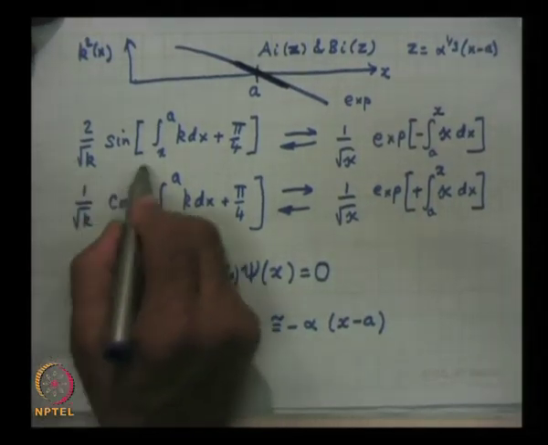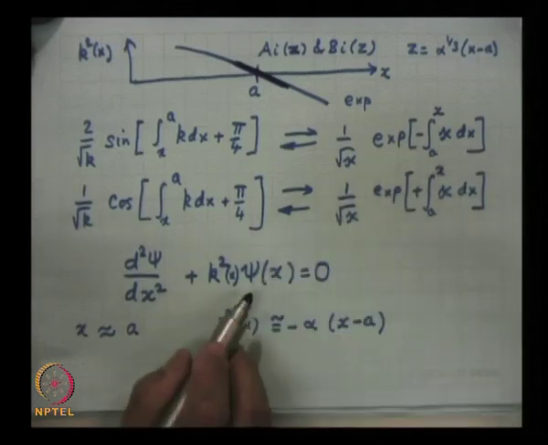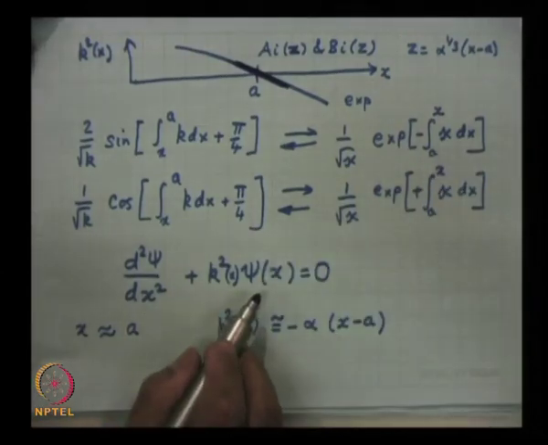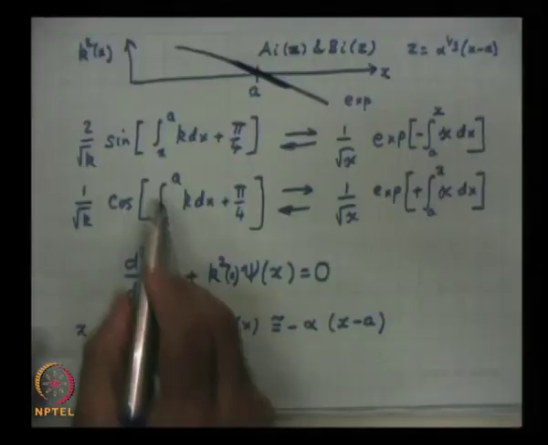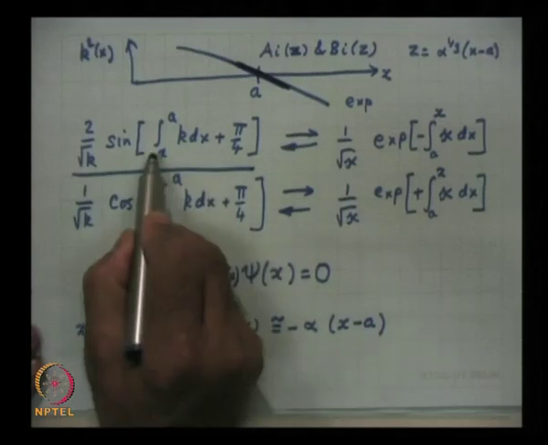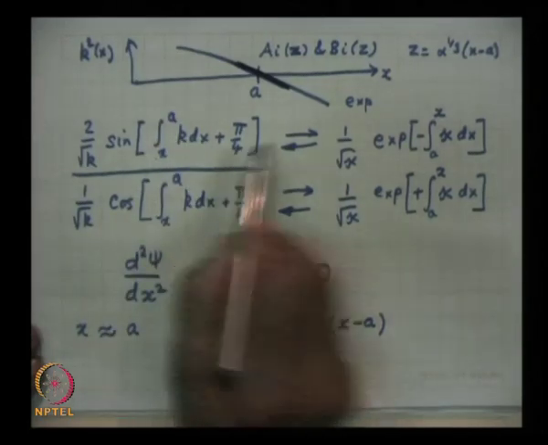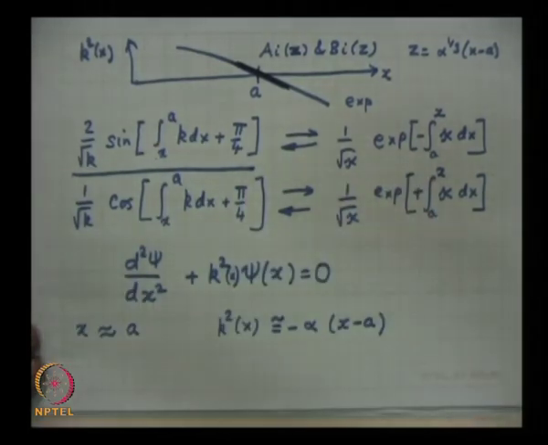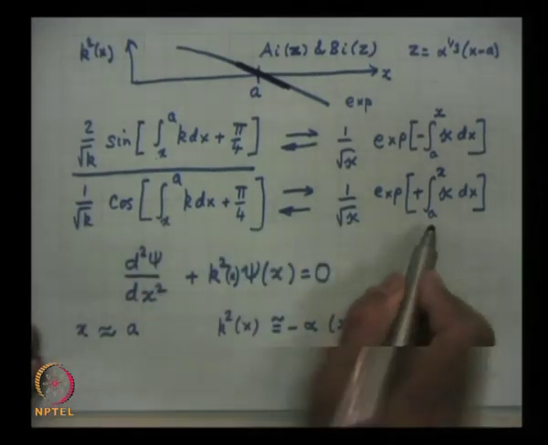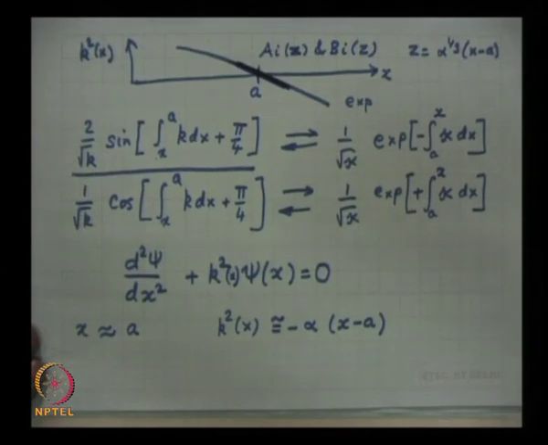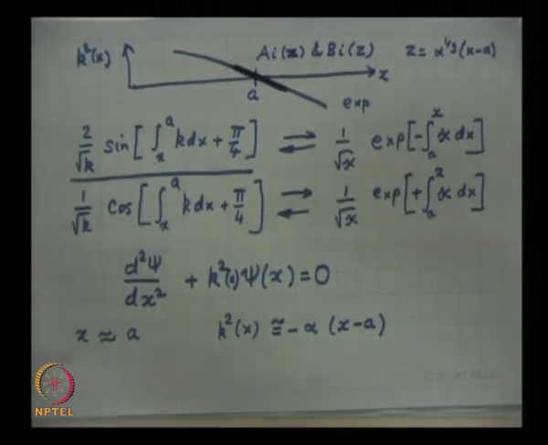Then these are the WKB solutions, and we showed by comparing the WKB solutions with the exact asymptotic forms, we found that the sine term from x to a plus pi by 4 will go over to an exponentially decaying solution, and the cos term will go over to an exponentially amplifying solution. So, this is the justification.